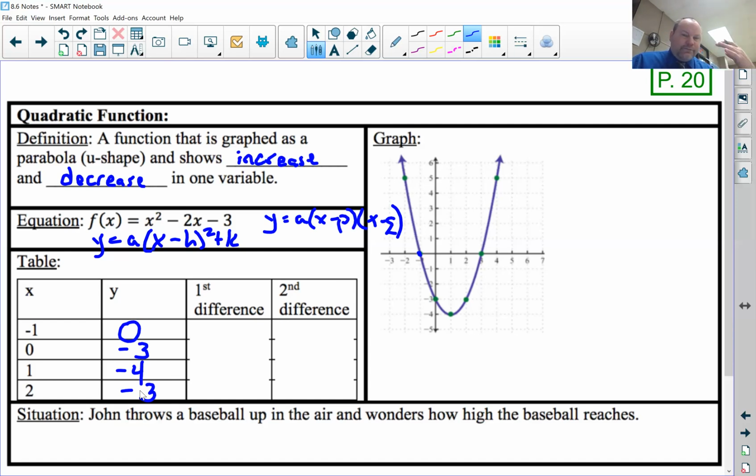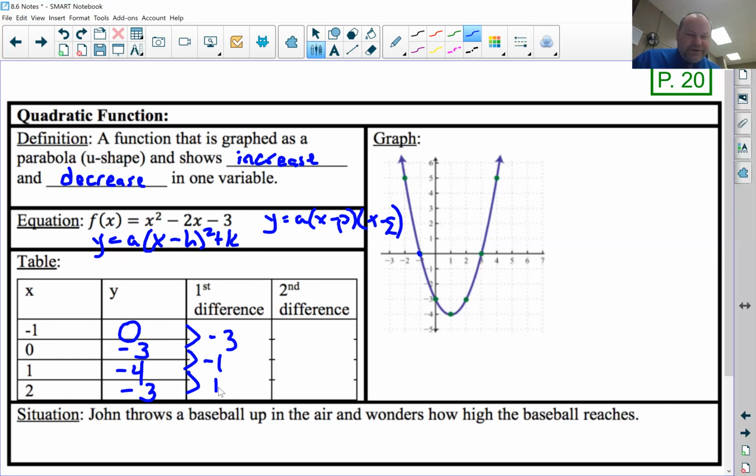So for linear functions, if we subtracted consecutive values, we got the same exact difference every time. For quadratics, if I subtract consecutive y values, -3 minus 0 is -3. -4 minus -3 is -1. -3 minus -4 is +1.